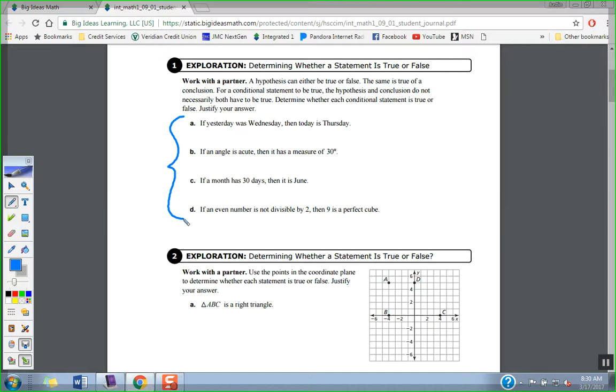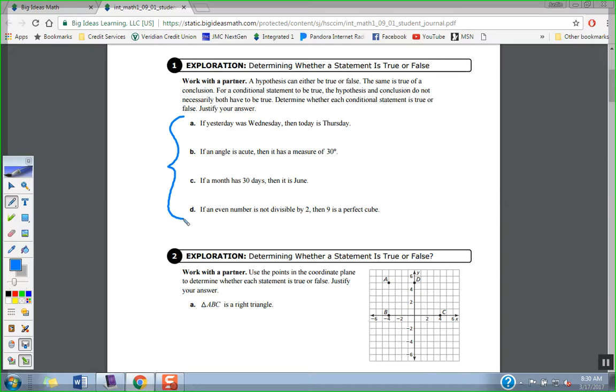Now, guys, a statement's typically going to be false if you can come up with a counter example. Something that says no, because that's not necessarily the way it is. In order for something to be true, how many times does it have to be true? Not just once, not just twice. It had better always be true. If I can prove something false just one time, then that statement is considered false from now on. Take a minute to see what you come up with for a conclusion here.